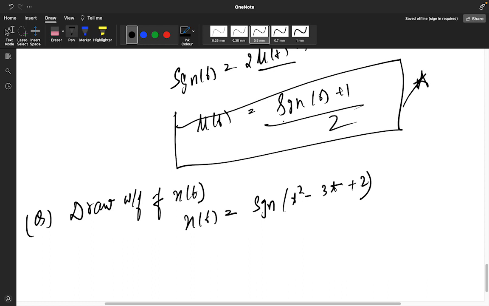So first you need to find this equation: t square minus 3t plus 2.